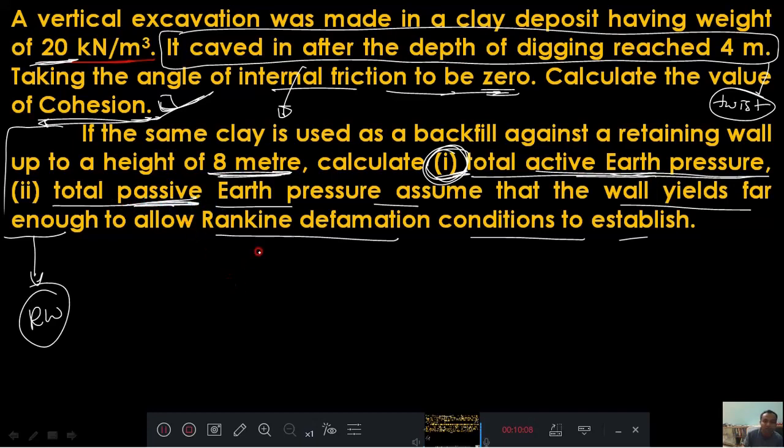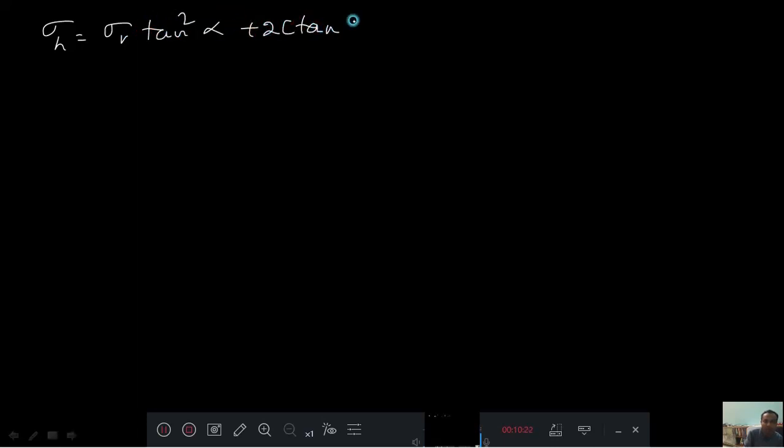Passive pressure means what? Now we need to go back to another equation, the passive equation: sigma h equals sigma v tan square alpha plus 2c tan alpha. Alpha equals 45, therefore this will be sigma v plus 2c.